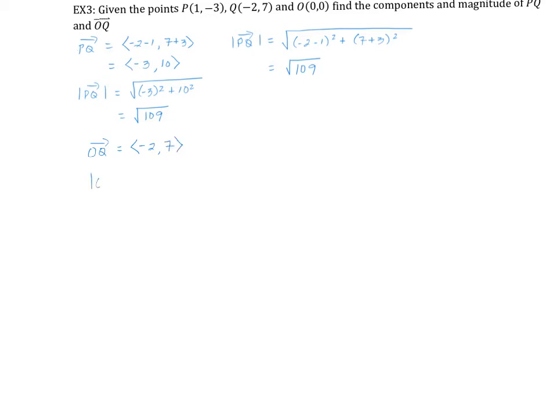So the magnitude of OQ will be the square root of -2 squared plus 7 squared, which is 4 plus 49, or the square root of 53.